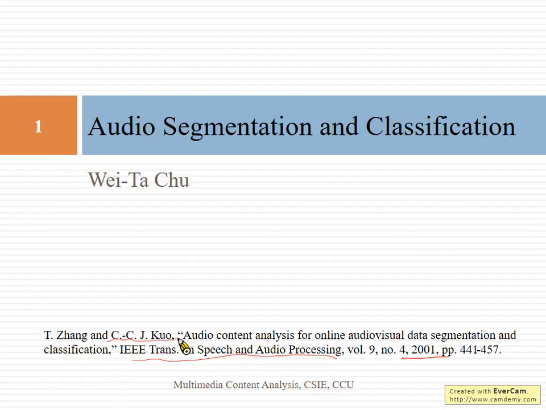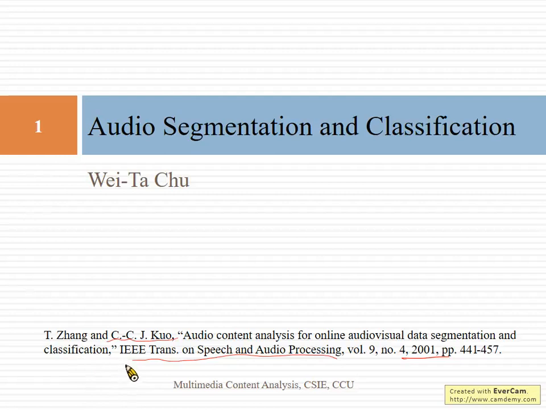One of the authors is quite famous, Professor C.C.J. Kuo. You may still remember this name from the material about the wavelet texture feature. This work is entitled Audio Content Analysis for Online Audiovisual Data Segmentation and Classification.